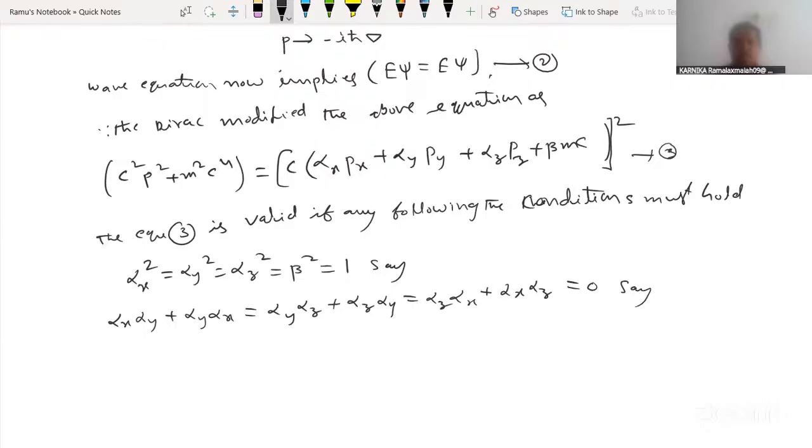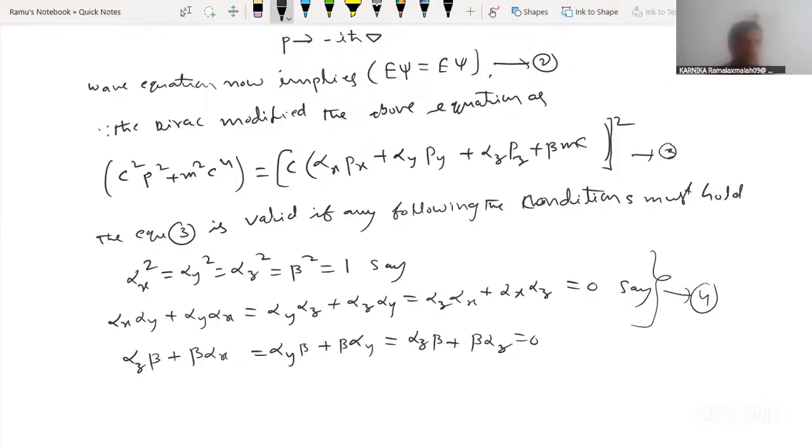Next, alpha x beta plus beta alpha x is equal to alpha y beta plus beta alpha y is equal to alpha z beta plus beta alpha z is equal to 0. This is equation number 4.